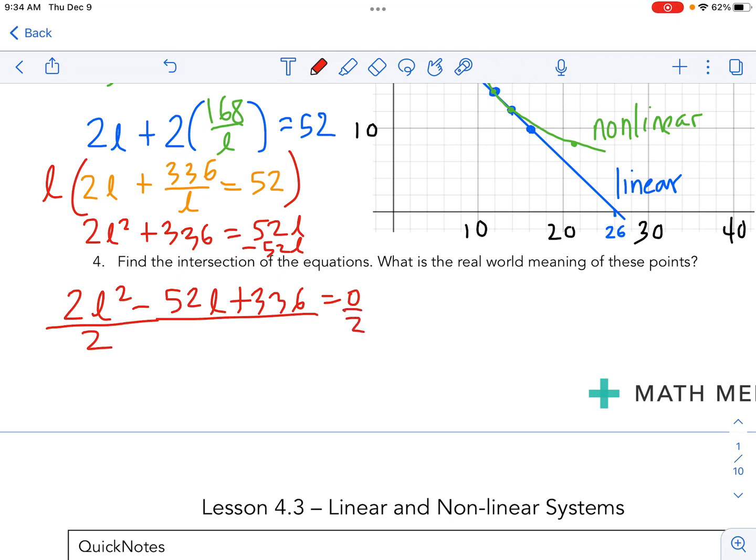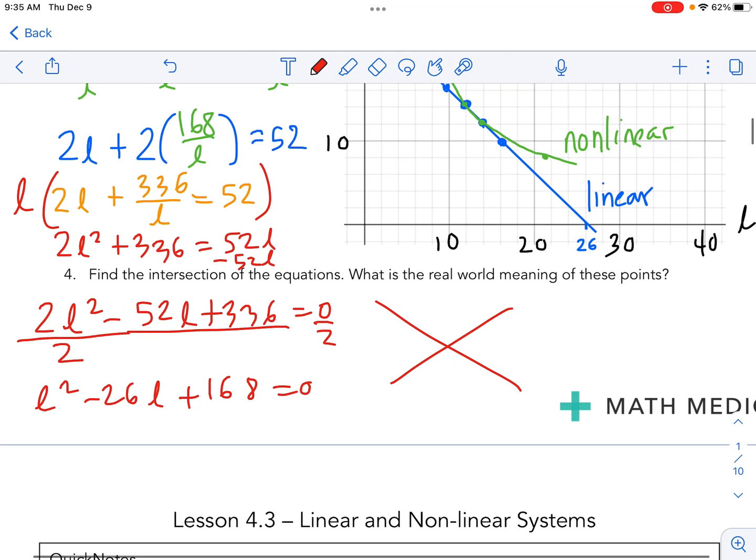And I'm going to divide by 2. I can divide both sides by 2, because 0 divided by 2 is still 0. So this gives me L squared minus 26L plus 336 divided by 2, that's 168, equals 0. We need numbers that equal 168 on multiplying and negative 26 on adding.